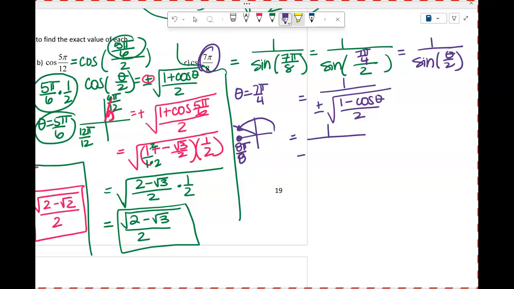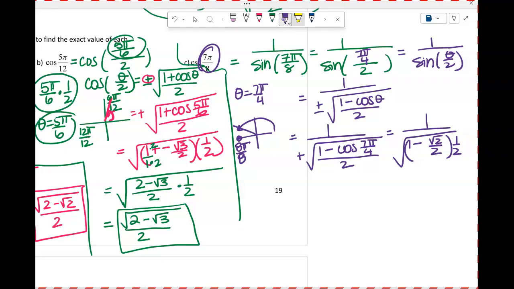So 1, oh, I just realized that all of this is positive, which is not the case. So I just want you to be really aware. All right, cosine of theta, and remember, theta is 7 pi over 4, that's quad number 4. So cosine is going to be a positive rad 2 over 2. Dividing by 2 is the same as multiplying by a half.